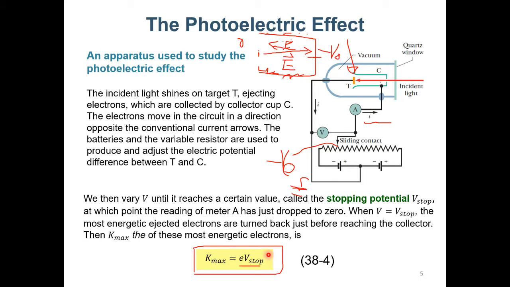There may be some other meaning, but here it means the most energetic ejected electron that is turned back just before reaching the collector. So we call it Kmax here. The max has this meaning.